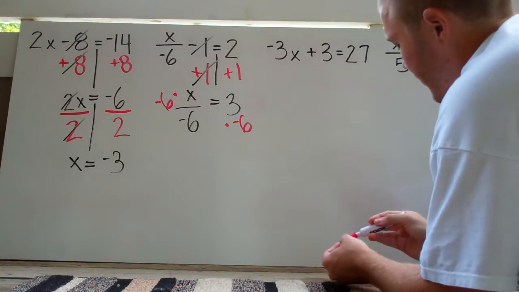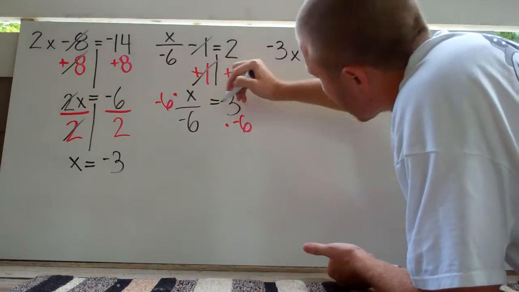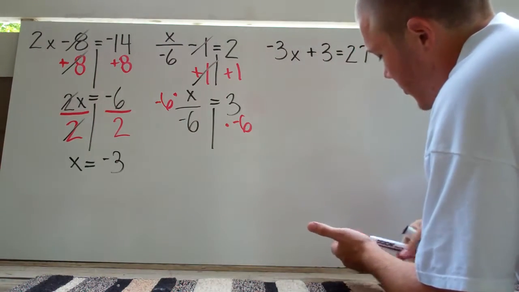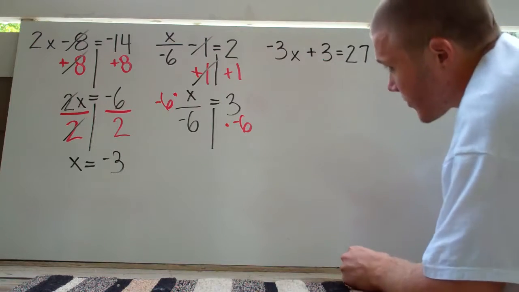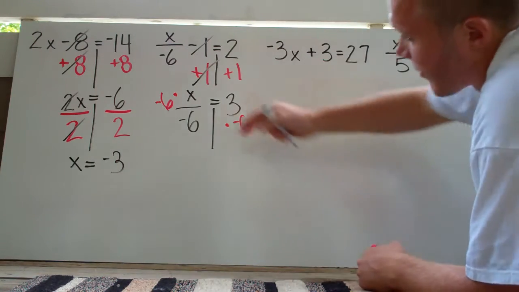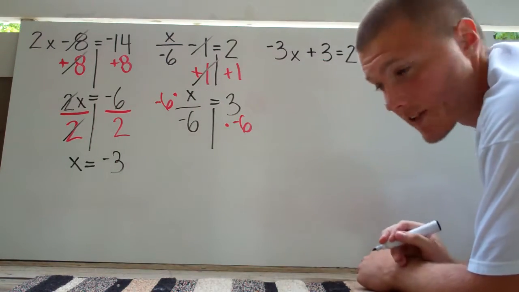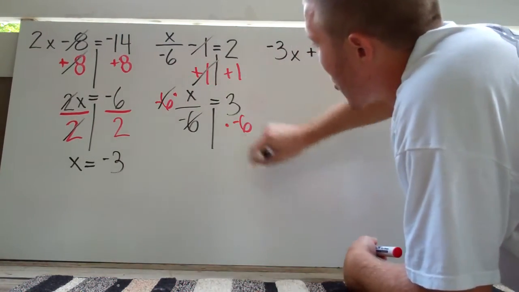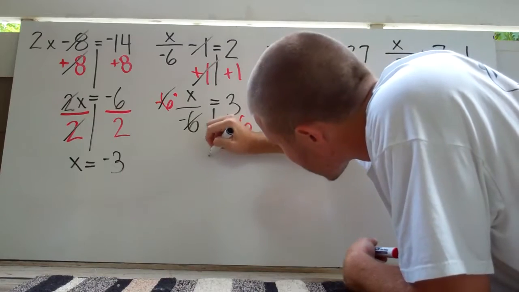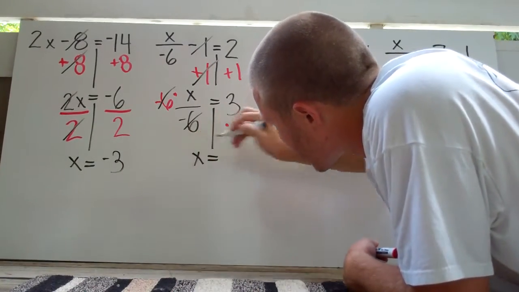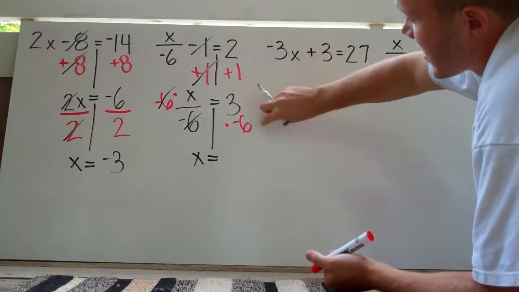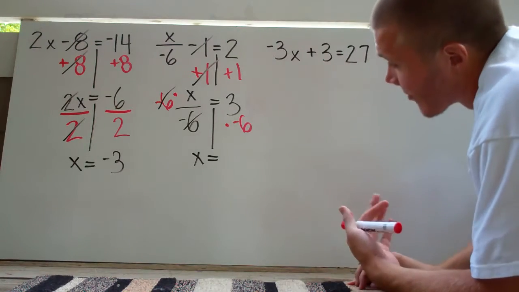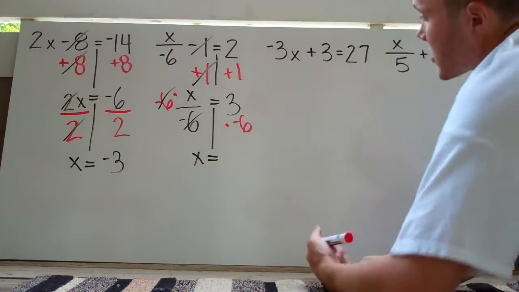Alright, and again I'm going to draw a line to separate the two sides of the equation. So, divided by negative 6 times negative 6, those are going to cancel out. Gone. All I'm left with over here is going to be x. And then on this side I've got 3 times negative 6, and 3 times negative 6 is going to give me negative 18.